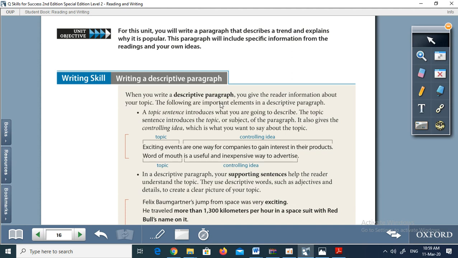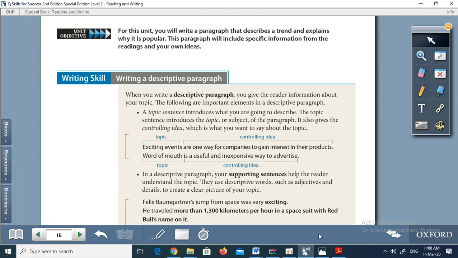A descriptive paragraph is when you're writing a sentence, and during writing, you're also giving a description of whatever you're writing. For example, if you write the word forest, maybe it's not understandable by some of the readers if you write just forest.